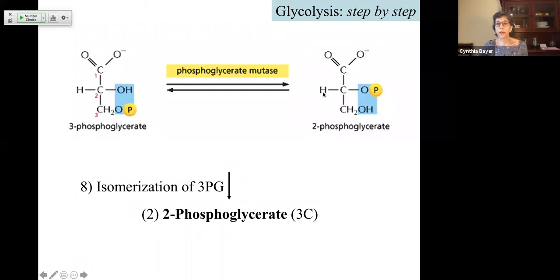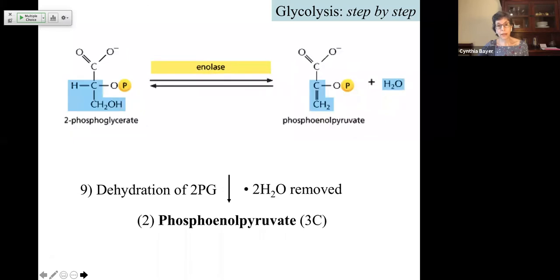Now this phosphate is in a position that this molecule is now the substrate of step 9, in which a dehydration event, removal of this hydrogen and that hydroxyl as a molecule of water, causes a change in the covalent bonding of the remaining atoms that forms what we call an enol phosphate linkage.